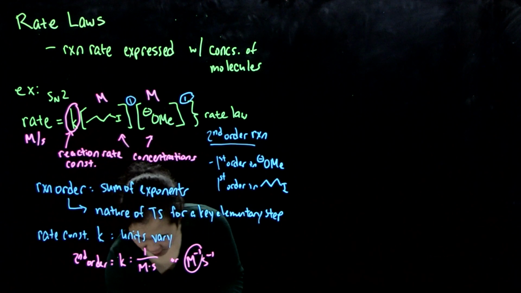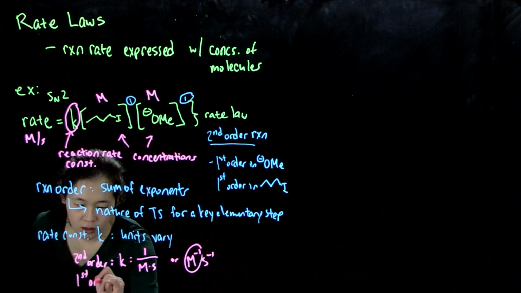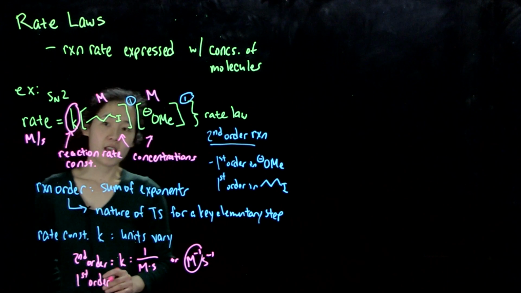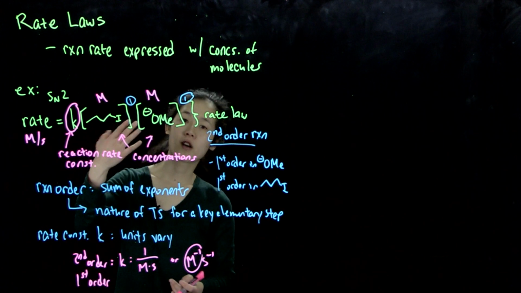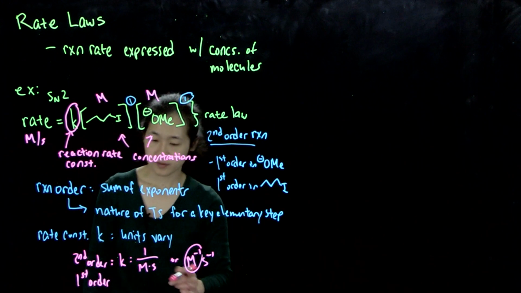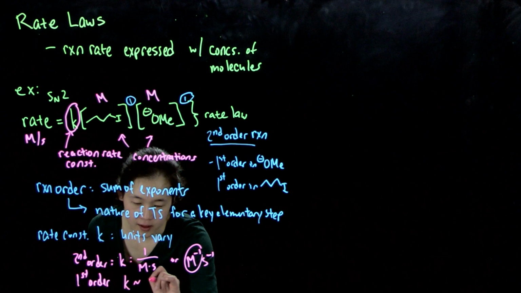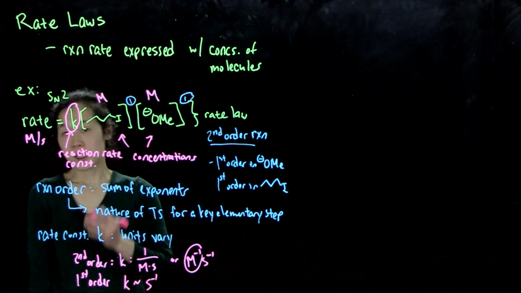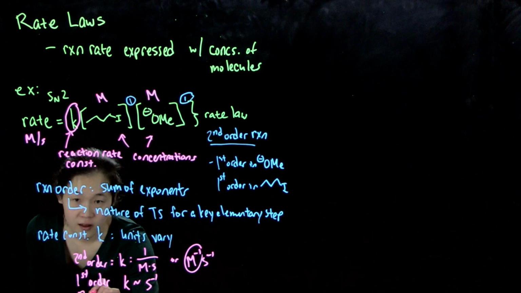For a first order reaction, for example the SN1 reaction, which is first order because only the tert-butyl bromide, or whatever your electrophile is, is reacting, k is just per second. For a zero order reaction, where concentration doesn't matter, we'll talk a little bit about that later.